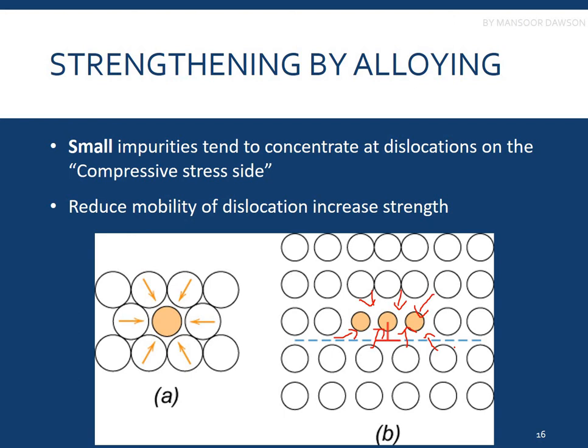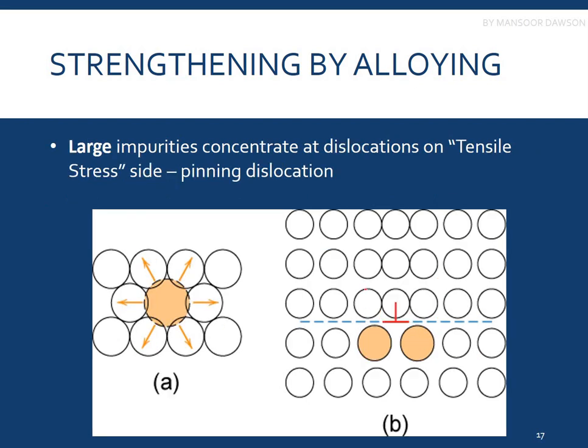So the dislocation movement is being compromised, the strength would be increased, and again the plastic deformation would be resisted over here. And in case of a large impurity atom, at a dislocation on the tensile side, it pins the dislocation.